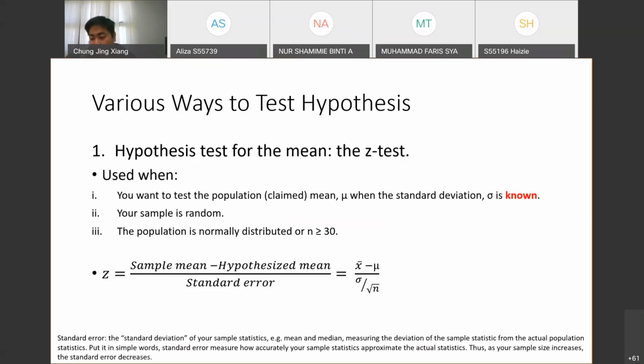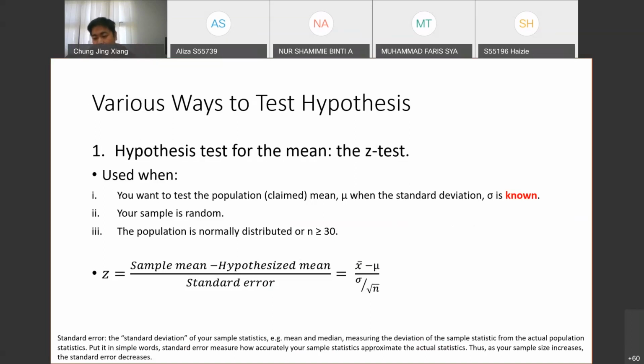And you have to make sure your sample is random and the population is normally distributed. I hope you still remember what normally distributed means. And the sample size must be larger than or equal to 30. These are the criteria you have to meet in order to be able to use the Z test.